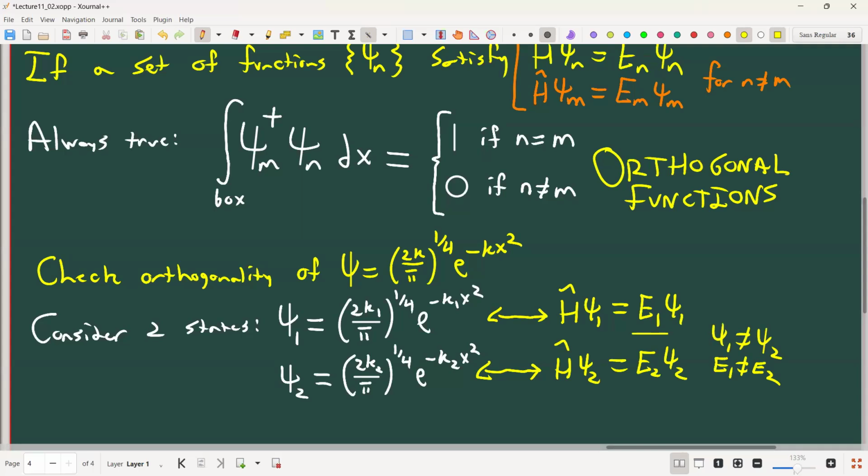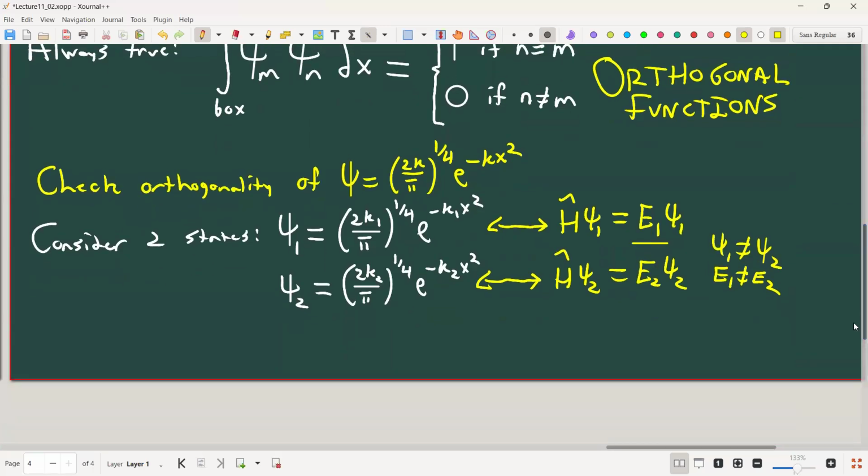So what we need to do is check if these are orthogonal. We integrate the product of them over the bounds of the box. We take the integral of psi 2, from minus infinity to infinity, times psi 1 dx. Let's work that out.